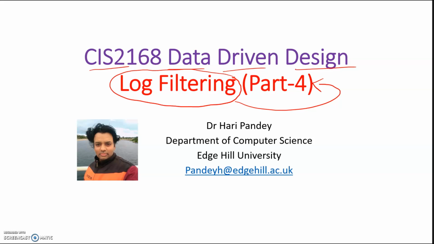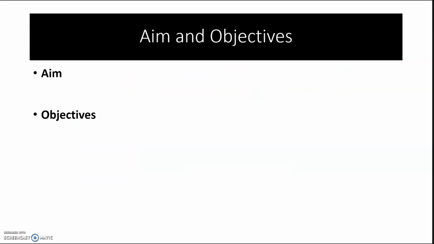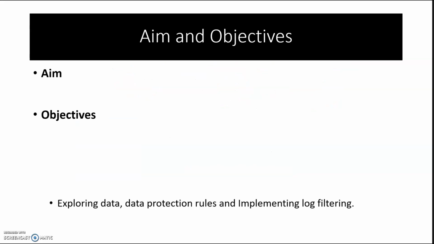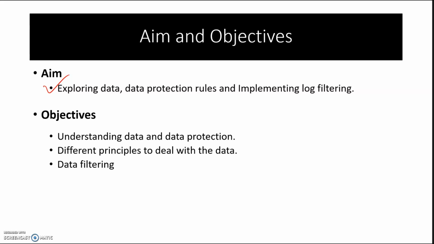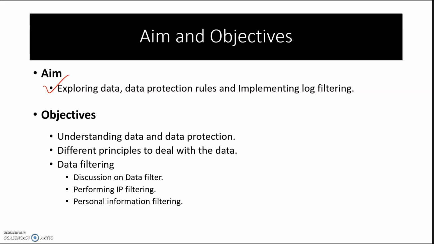The aim and objectives for this week 7 session, I have already covered. So this is the aim, and the objectives are divided into 3 bullet points, where the last objective is further divided into 3 sub-objectives. In part number 4, our focus will be on the third objective.